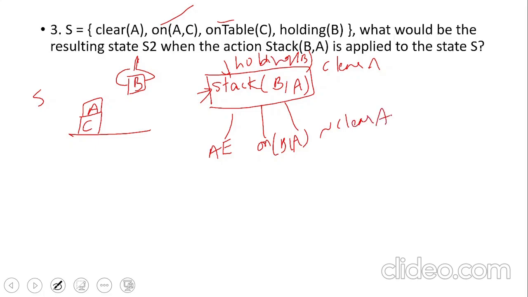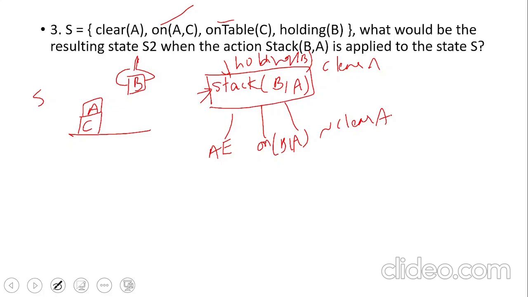Now if we see, the preconditions are satisfied for this state S, it is holding B and clear A. So I can perform the action B comma A. If the preconditions are not satisfied, then I can say that this action is not applicable to that particular state. Now it is applicable.